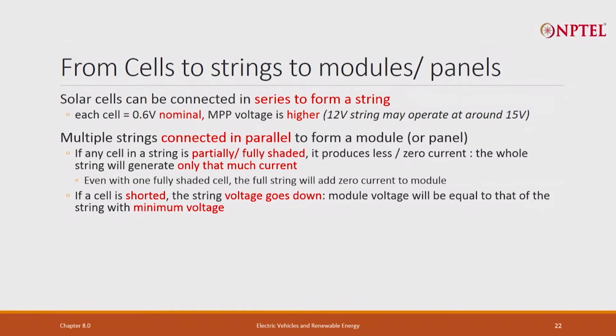Now, it is very important: if any cell in a string gets into a shadow, meaning sunlight is not falling, what will happen? It produces 0 current. So, current will not flow and the whole string goes for a toss.